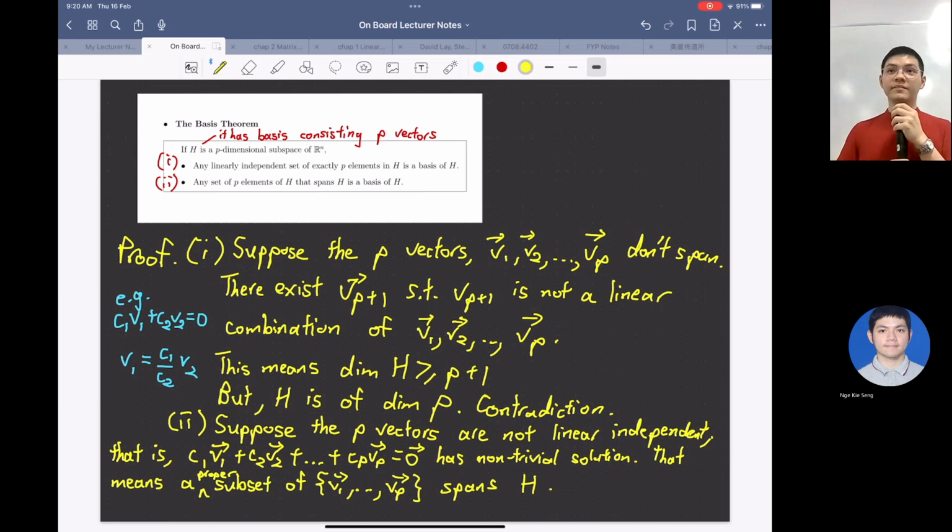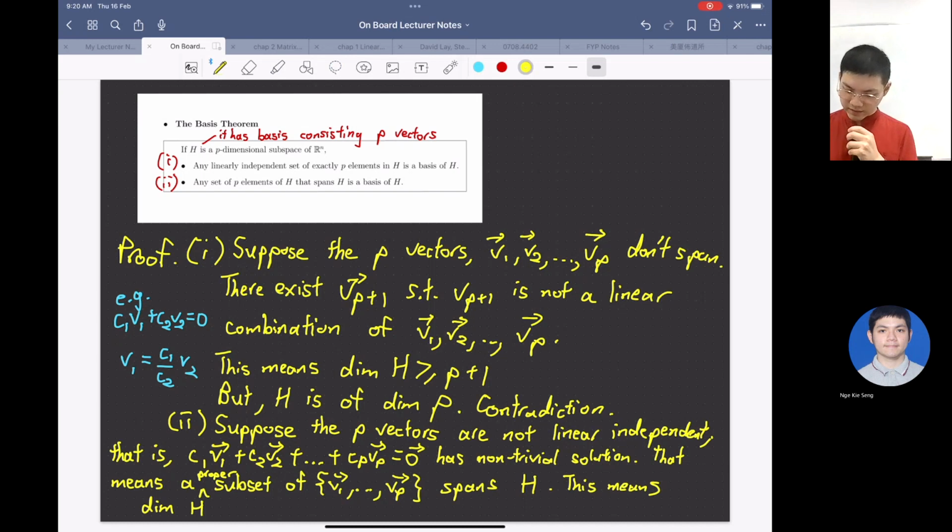But this means the dimension of H is strictly less than p, because you can use fewer than p vectors to span H. So this means the dimension of H is less than p, which is a contradiction. It contradicts that the dimension is p.